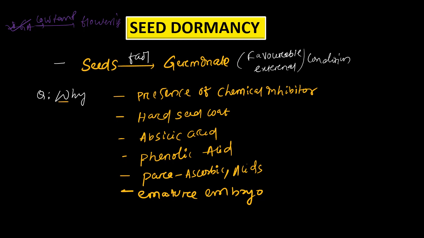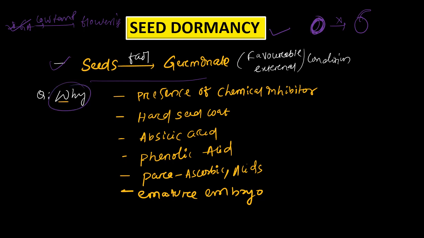Another concept is called seed dormancy. So what is seed dormancy? We already discussed that dormancy means the seed has no germination and loses the capacity to germinate except under certain conditions. A seed that fails to germinate is known as seed dormant. And why does the seed fail to germinate?